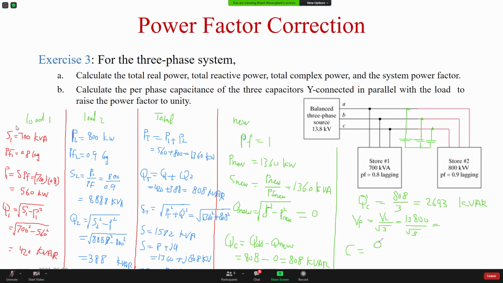Then the capacitor is the last thing, is the same thing. It's QC per phase divided by omega V phase squared. So it's 269.3 times 10 to the power 3 because it's in kilo, divided by 2 pi times frequency. Frequency is not given, so it's 50, and the voltage, 13,800 divided by square root of 3.